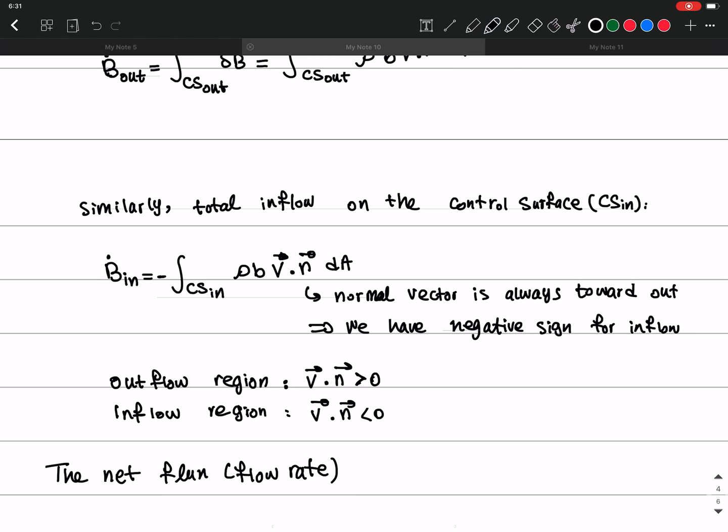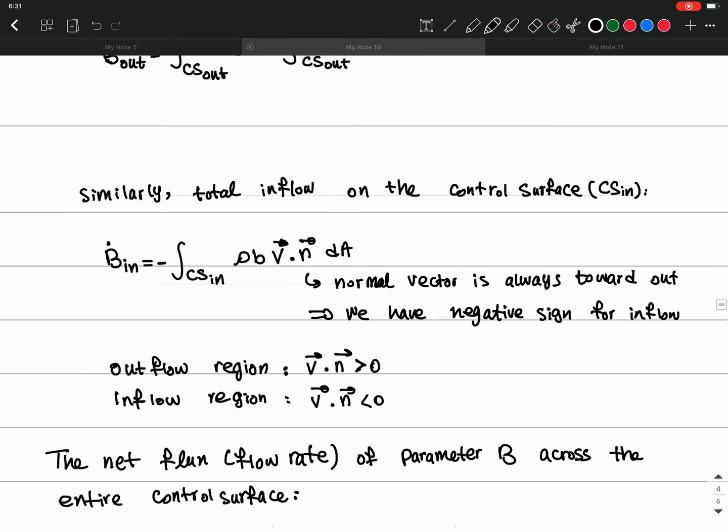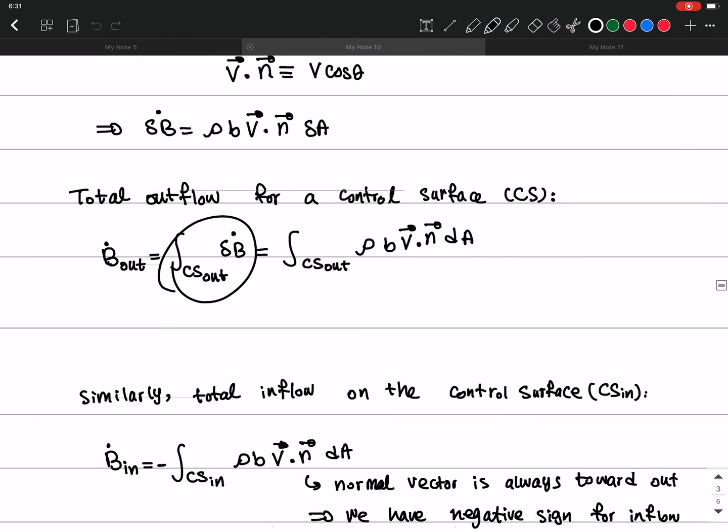When I say flux, I mean the flow rate of parameter B across the entire control surface, which is as follows. So this was for the control surface out, whatever was going out, and this was for whatever was coming in, right?